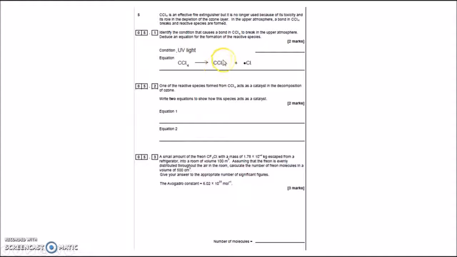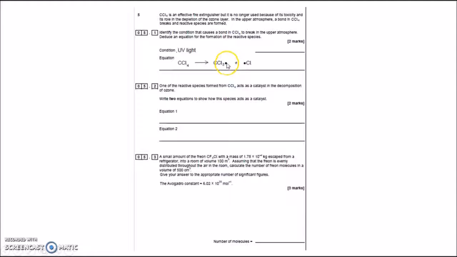That dot, that unbonded electron, has come from a covalent bond between the C and the Cl, a shared pair of electrons, and that's gone back onto the C. We know it's gone back onto the C because the C has 3 chlorines bonded to it, and it should have 4 bonds.